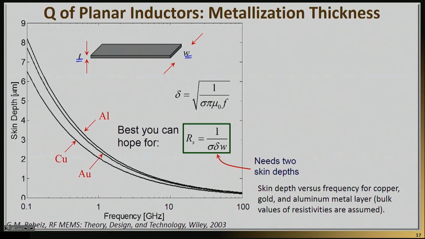Now, what is important to remember is that at RF frequencies, there is the skin depth that will essentially dominate the inductor loss. And the skin depth is given by this equation right here, this delta.